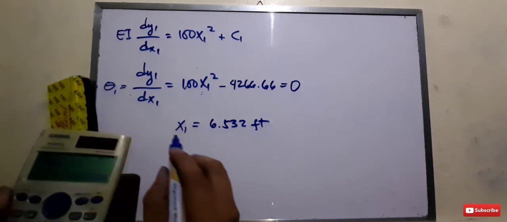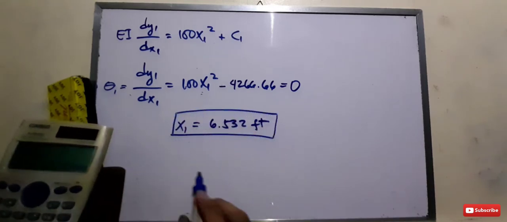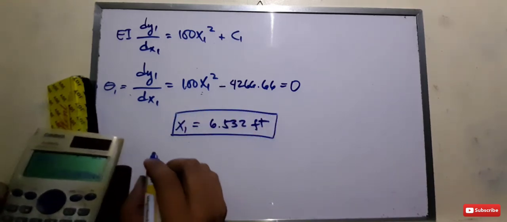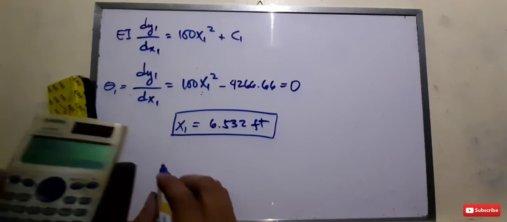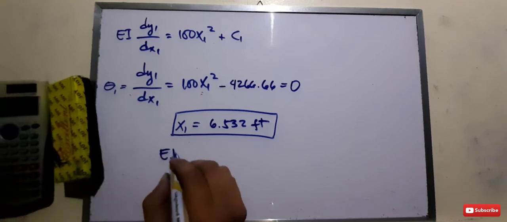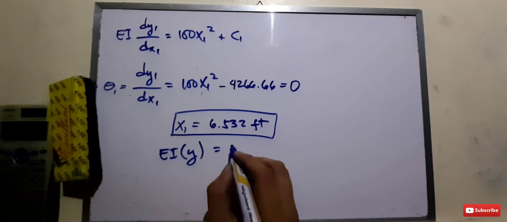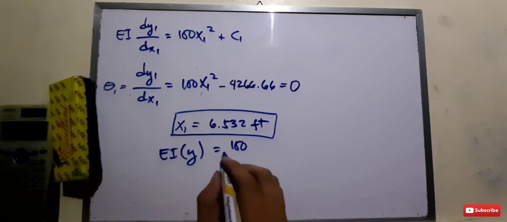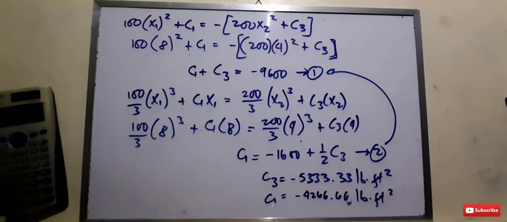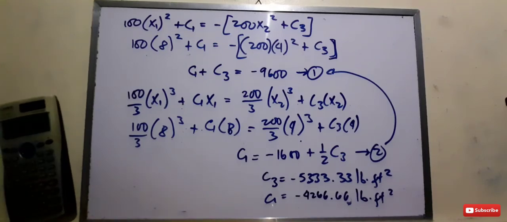So, ngayon, gagamitin natin yung x sub 1 value para makalculate yung maximum deflection gamit yung EI times y equals 100. Value natin for C1 and C3, yung C2 and C4 natin ay 0. So, meron na tayong equation ngayon. Kompleto na yung equation natin for moment as a function of x sub 1 and x sub 2.